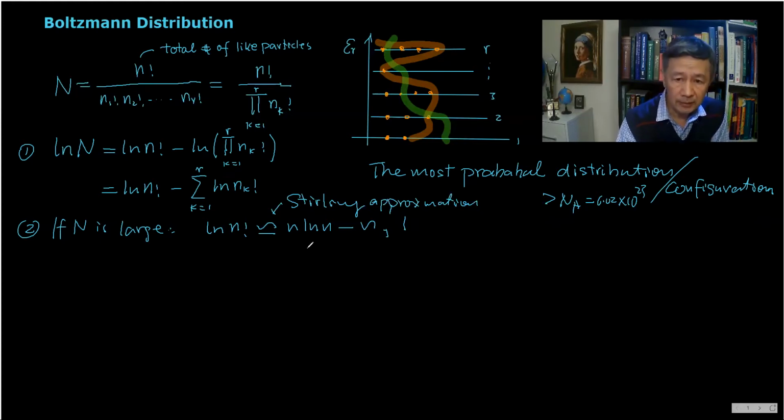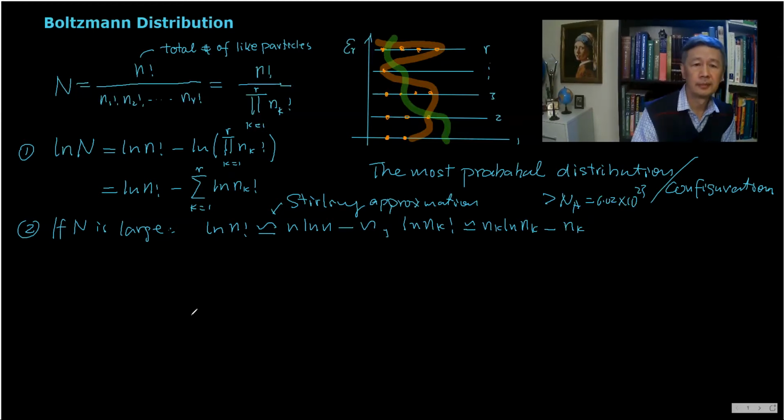So the second term, ln nk factorial, can also be approximated as nk ln nk minus nk.